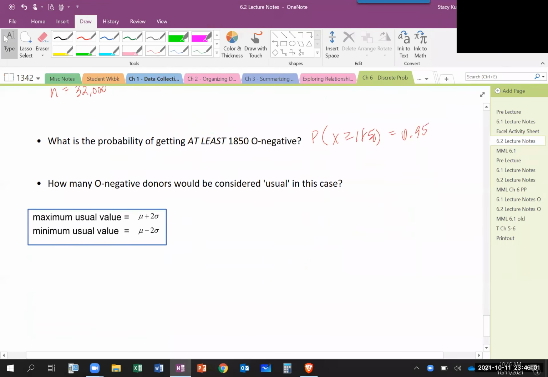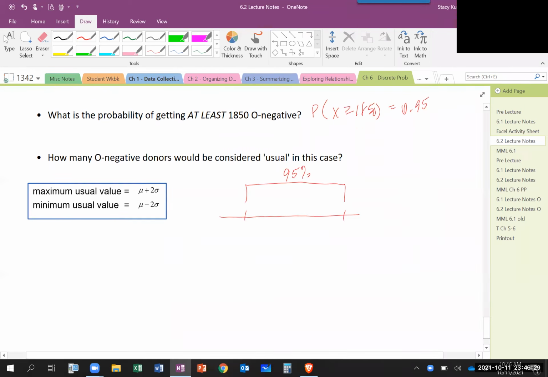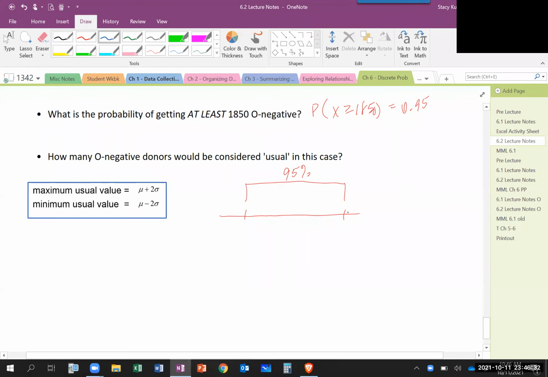Remember that with our empirical rule, anything underneath that umbrella of 95% is what we would expect to happen. Anything outside of that would be unusual, right?